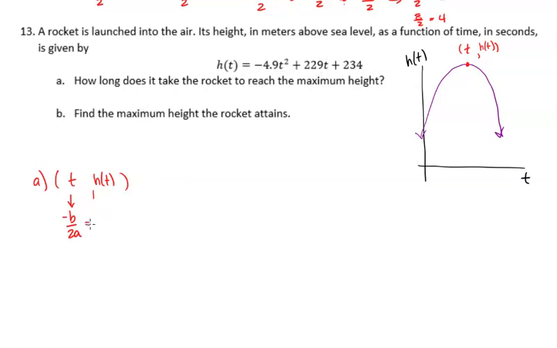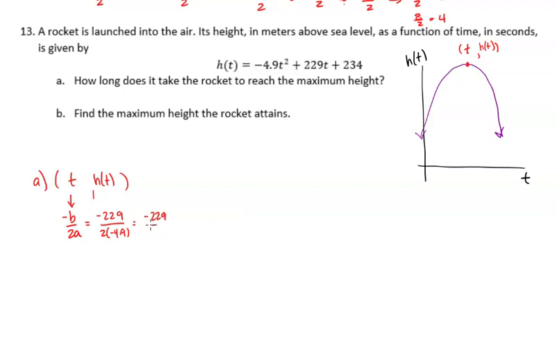So in this equation, the b value is positive 229, so that would be negative 229 for that negative b value. The a value is negative 4.9, so that'll be 2 times negative 4.9. And then if I simplify this, it should give me the amount of time it takes for that rocket to get up to its maximum height.